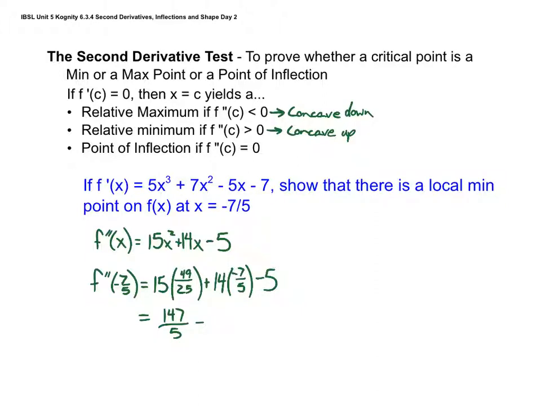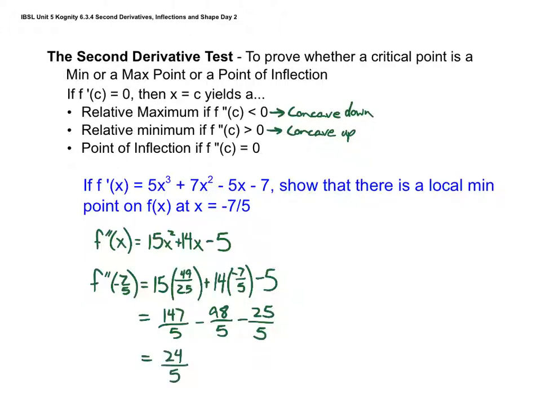Minus 14 times 7 is 98. So that's a minus 98/5. Minus 5. Well, 5 is 25/5. And 147 minus 98 is going to be 49. 49 minus 25 is 24.